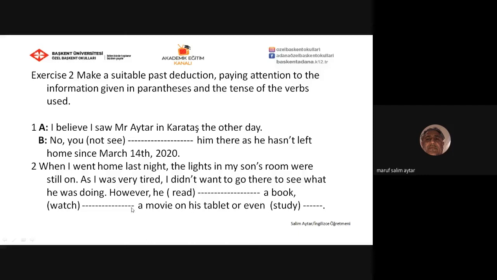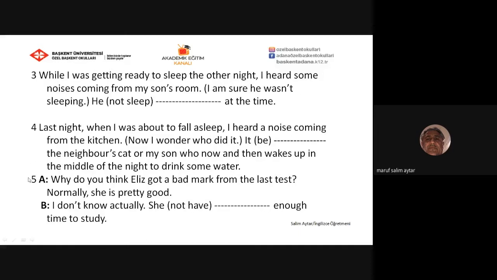Well, the third one goes, while I was getting ready to sleep the other night, I heard some noises coming from my son's room. And the best explanation is, I'm sure he wasn't sleeping. So we have to make a strong negative deduction in the past continuous.